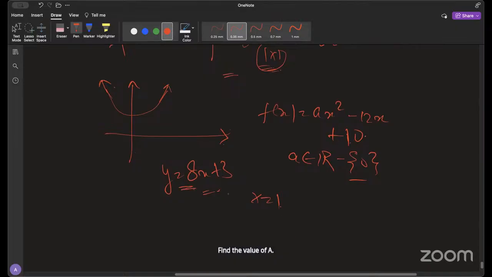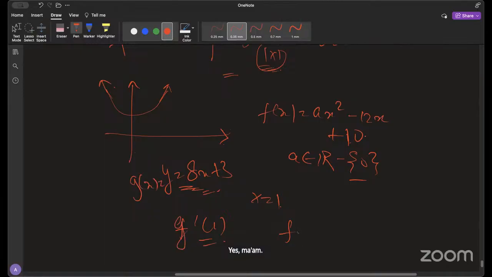Have a look at this function, the slope of this. What is the slope? The slope is the derivative at that point. So it's basically this. Let's define it as g.